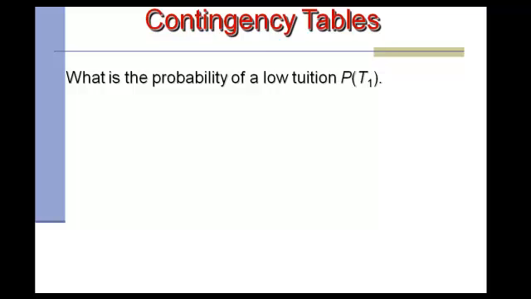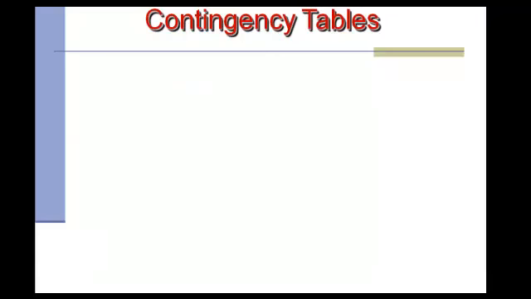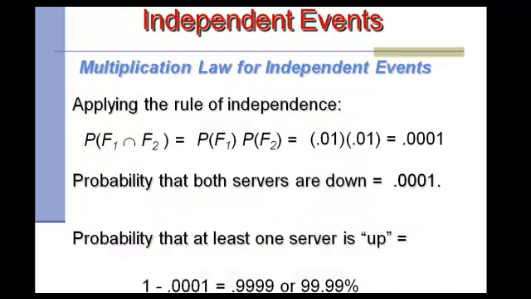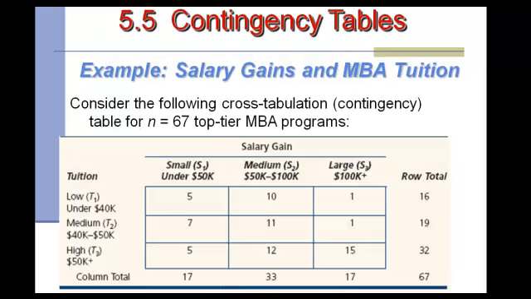What is the probability of a low tuition? Okay, so let me go back to that table again. Probability of a low tuition. Well, here's my low tuition, and there were 16 graduates that paid a low tuition out of 67.